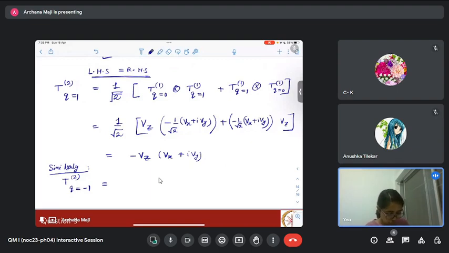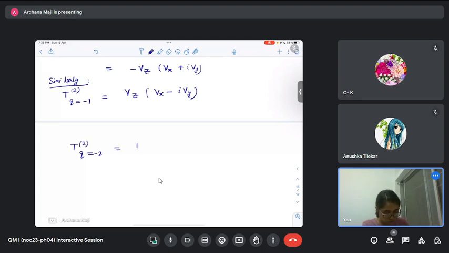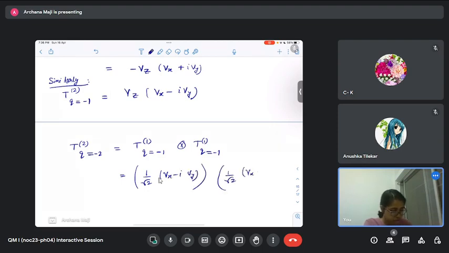Okay, and what is T2 q equal to minus 2? That can only come from the spherical tensors when for both of them q equal to minus 1, that will give us q equal to minus 2, and that is equal to 1 over square root 2 Vx minus I Vy, 1 over square root 2 Vx.